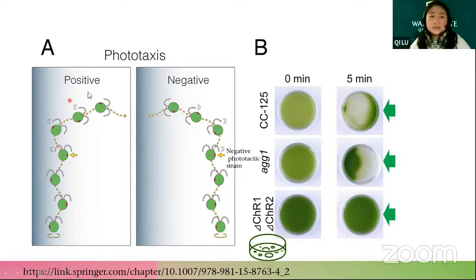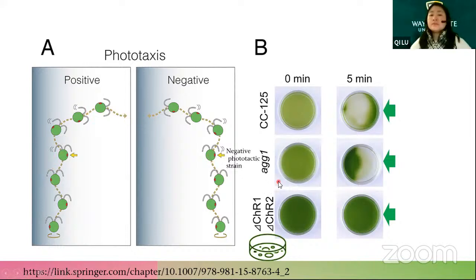So for phototaxis, the wild type prefers, between a dark condition and a bright condition, something that is not so bright. It's the most favorable light intensity for this green algae. Then the wild type green algae moves towards the light source.